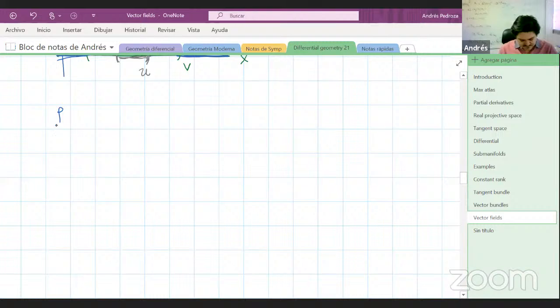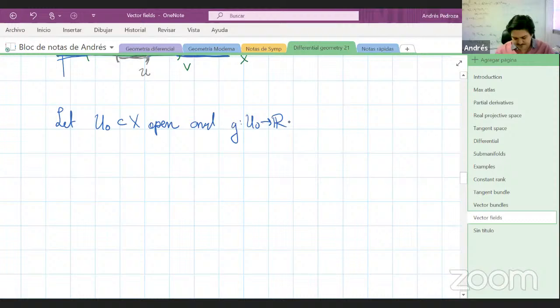So assume that you have U naught an open set and a continuous function G. The whole idea is to extend G to a global function.